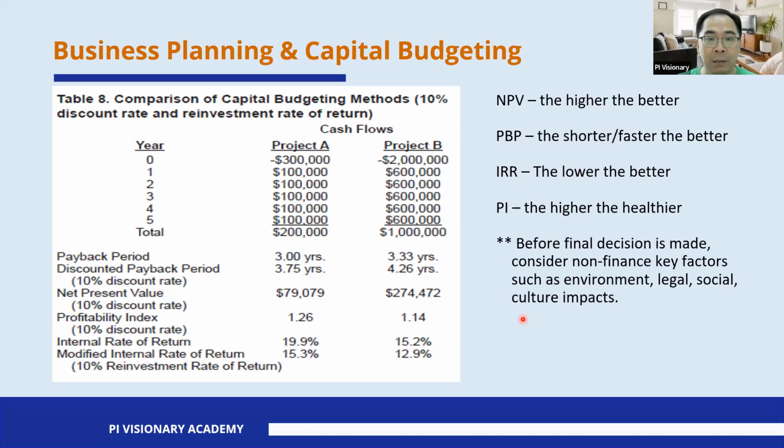Where your machine operator is a Muslim, if there is a non-halal ingredient, how does the Muslim operator handle the babi or pork? Correct? All this needs to be considered seriously before the final decision is made. Long story short, not only finance, but also non-finance.